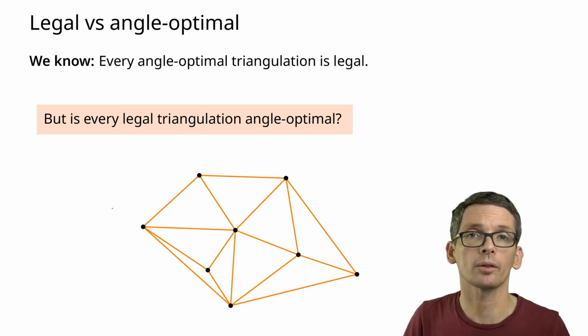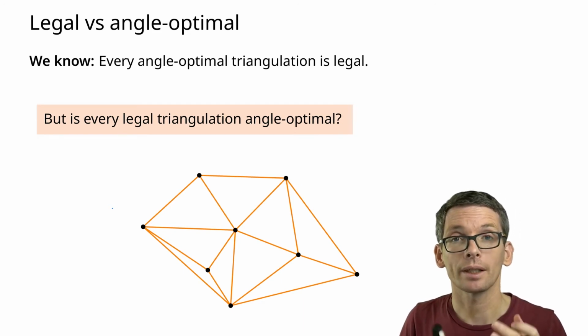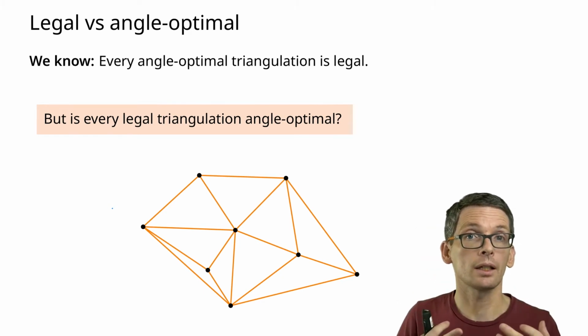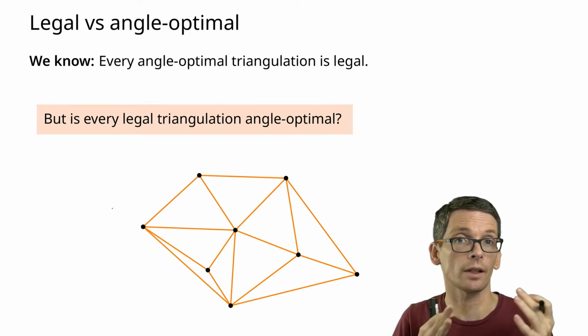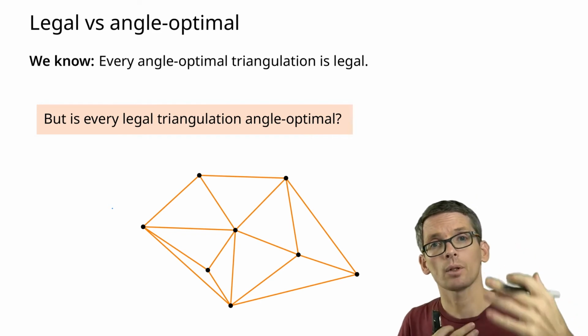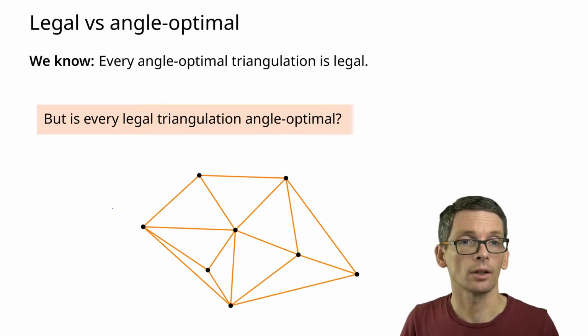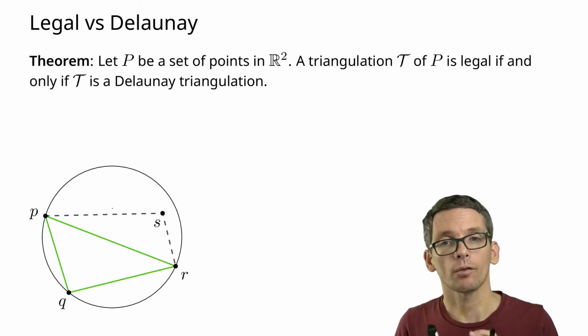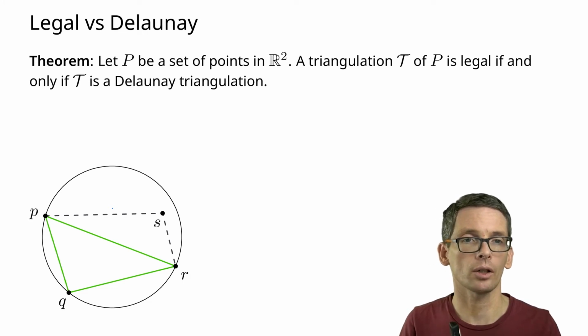So angle optimal triangulations are legal. But is every legal triangulation also angle optimal? We will see that, at least in general position, this is actually the case, and we'll see this by looking at Delaunay triangulations. What we have, namely, is that if I have a set of points, a triangulation is legal if and only if it is a Delaunay triangulation.